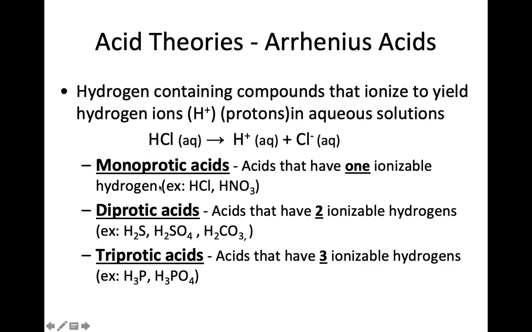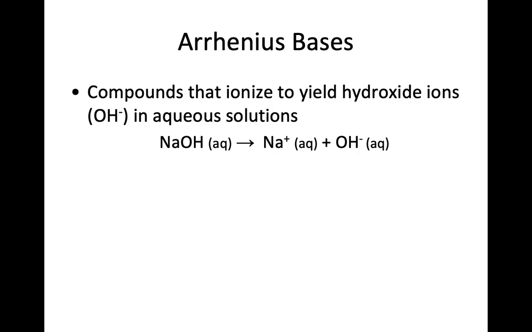Proton. H plus is a proton. Interesting. That's where it comes from. Okay, so if there's 1, it's mono. 2, di. 3, tri. Easy. This is easy. Okay. Here's an Arrhenius base. Arrhenius base says anything that makes OH's.